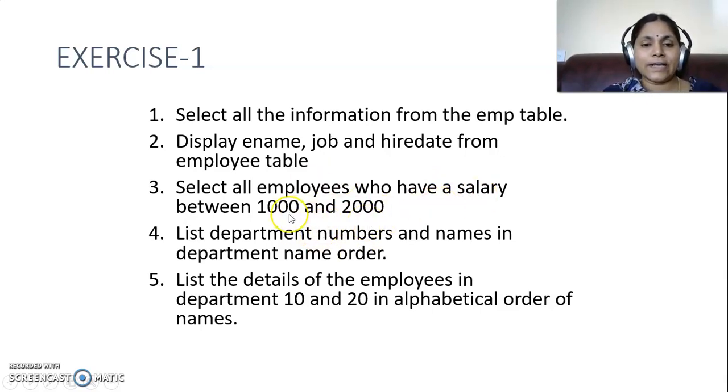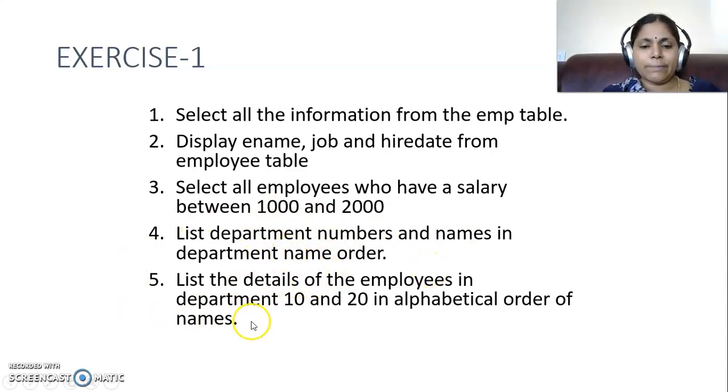This is the syntax for the third query. Fourth one, list the department numbers and names in department name order. So what I should write here is select department number, name from departments order by department name. That is the syntax I should apply here.